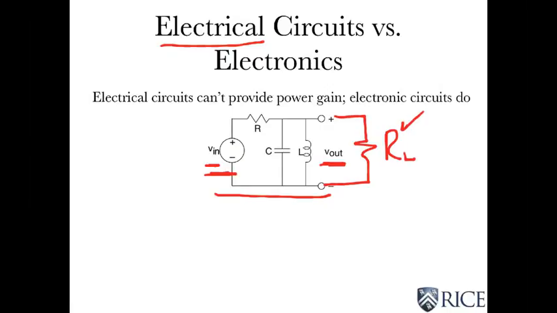Easy way of seeing that, the only thing in this circuit that's producing power is that source. And we know from the conservation of power that all the other elements have to dissipate power. So you pick any one of them, that has to be less than the power that's being produced, so no power gain.